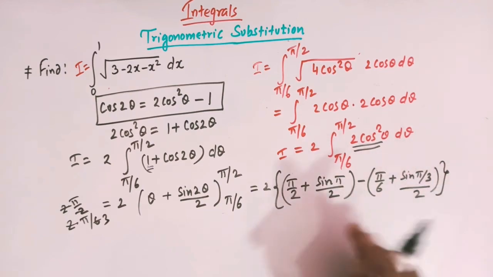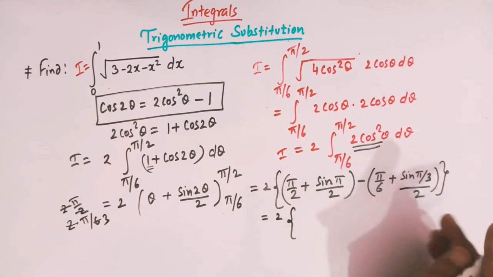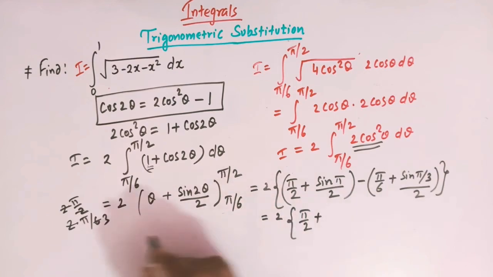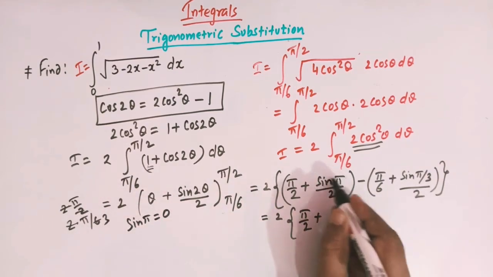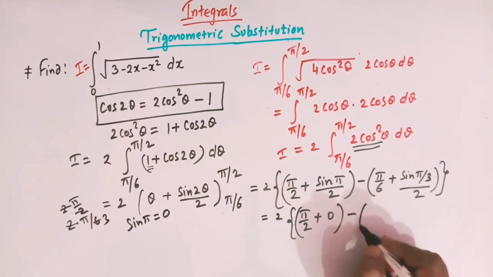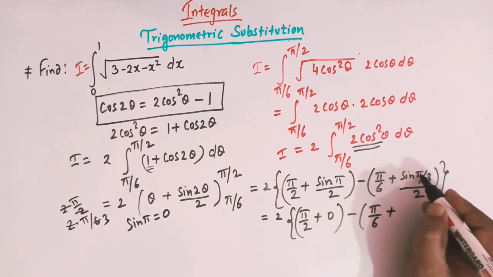So now we have a very simple expression here. We can simplify it. So we have pi by 2, the value of sine pi is equal to 0. So this term disappears here. So we have 0, and then here we have pi over 6, and this is sine pi over 3, that is sine 60 degrees.